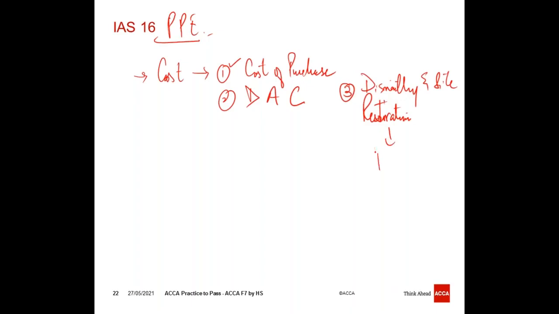This cost should be recognized at its present value, and then there will be an unwinding of discount adjustment for this cost.